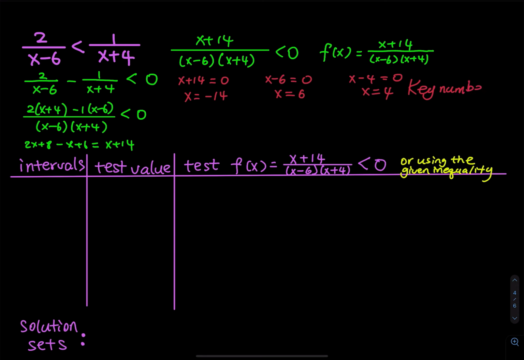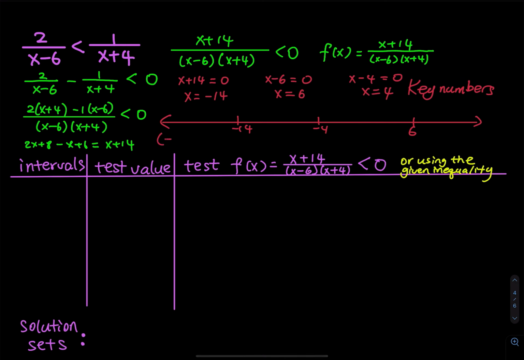And then you put them on a number line. 3 key numbers. So you draw a long number line, and then you have your 2, your 4 and your 6. We have one line, 3 numbers that divide the line into 4 intervals.